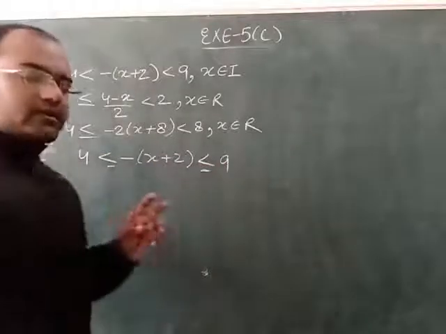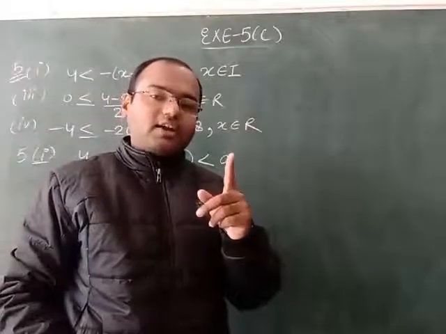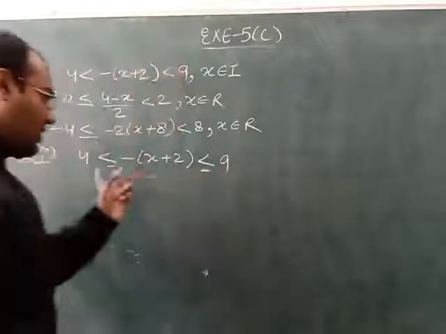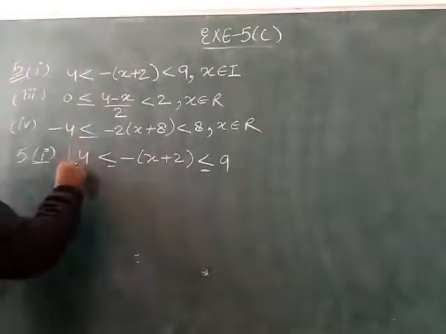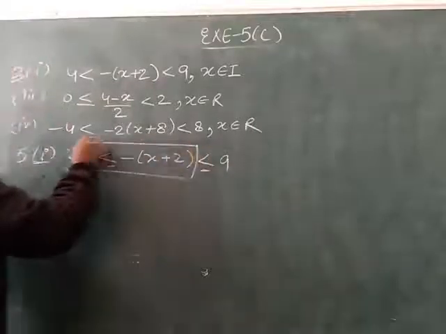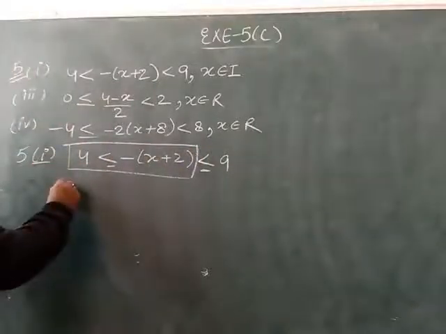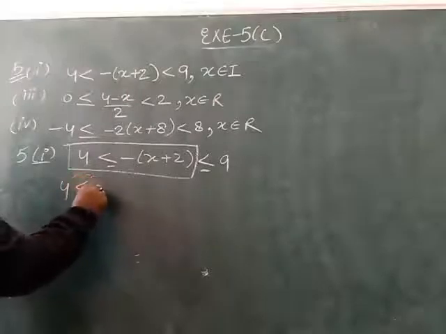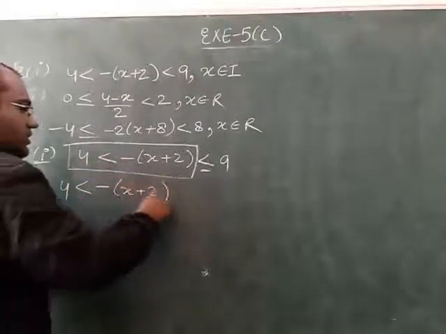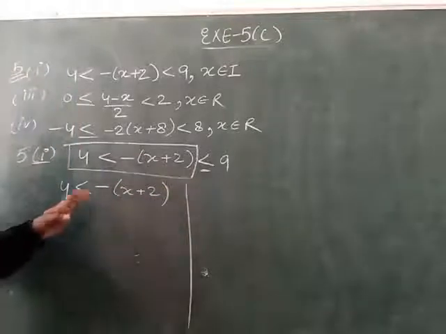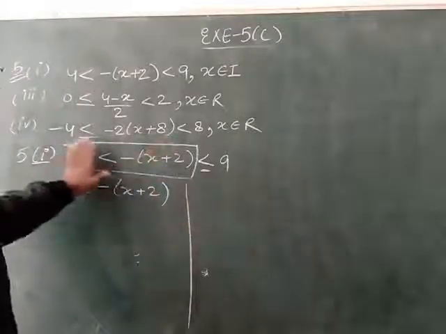Till now we had done questions in which only one sign of inequality was there. But now here two signs of inequality are coming. So what we have to do? First of all we will solve this much part. We will write here 4 less than minus x plus 2. After solving this part, we will leave this inequality.